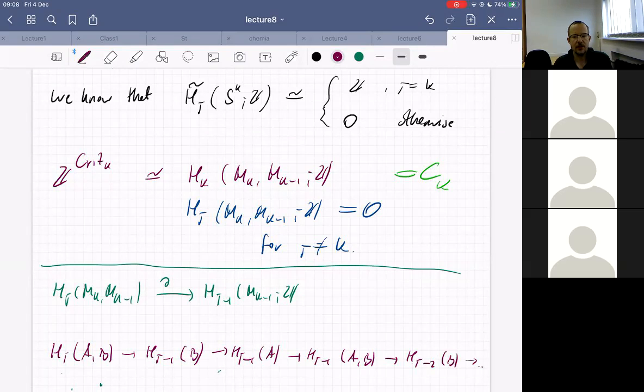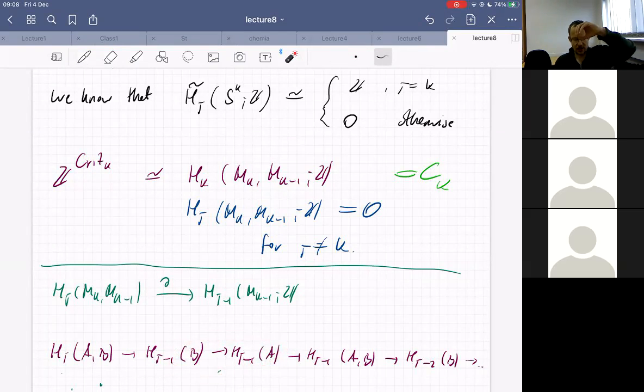If you never saw the long exact sequence of the pair, exact means the composition of two maps is 0, and the kernel of each map is the image of the previous one. For example, this is inclusion.